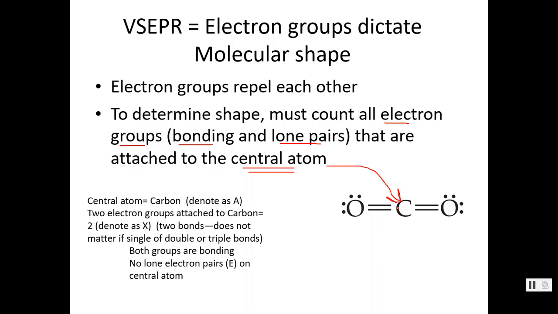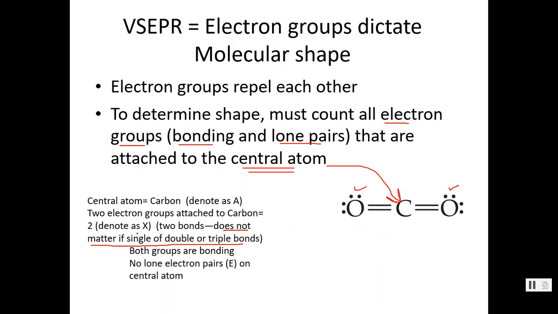Now, when looking at electron groups that are bonded, it does not matter if they are single or double or triple bonded. It just matters how many there are. So for carbon, I have 1, 2 bonded atoms.